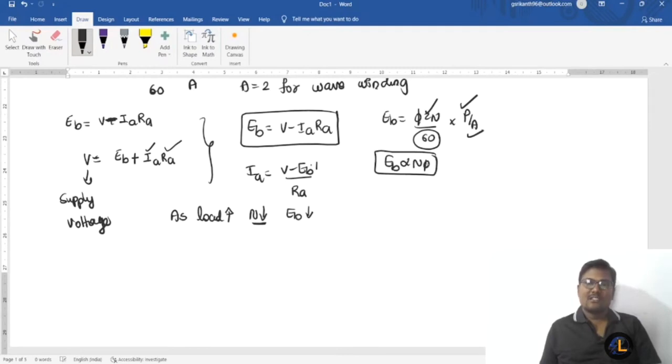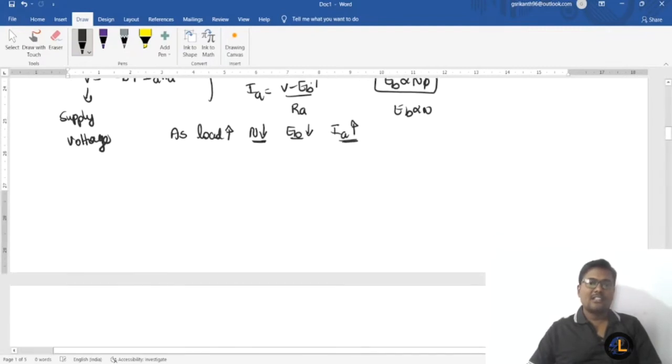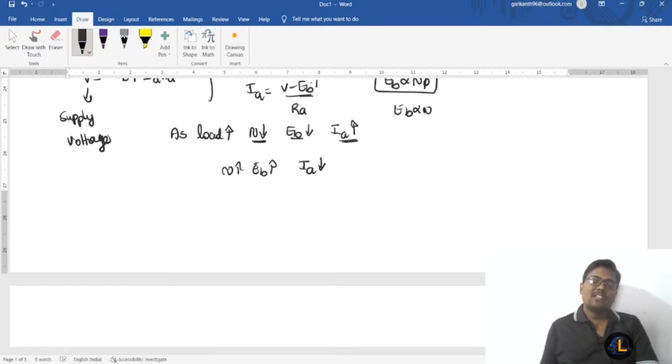If the flux is constant, by giving an electrical supply to the field winding, Eb is directly proportional to N, so we have to maintain the flux constant. If Eb decreases, then the armature current Ia increases. So that is the most important aspect of back EMF. As the speed increases, the back EMF increases, and then the Ia value should decrease. The back EMF acts as a regulating mechanism.